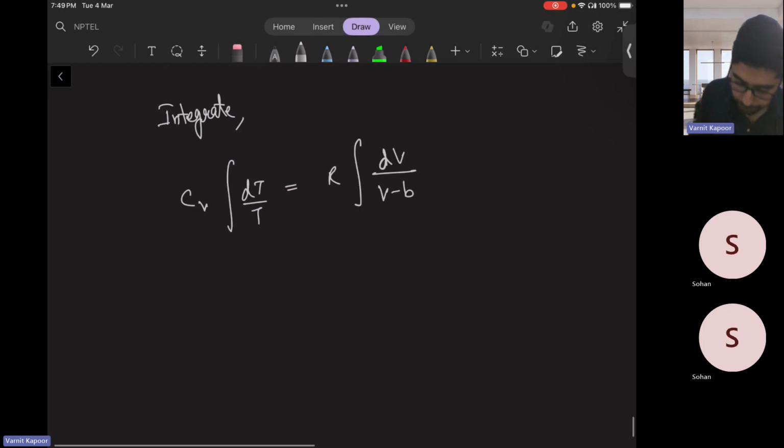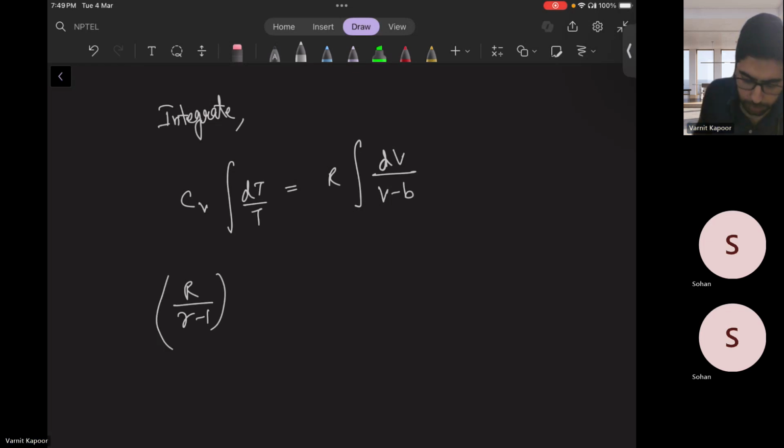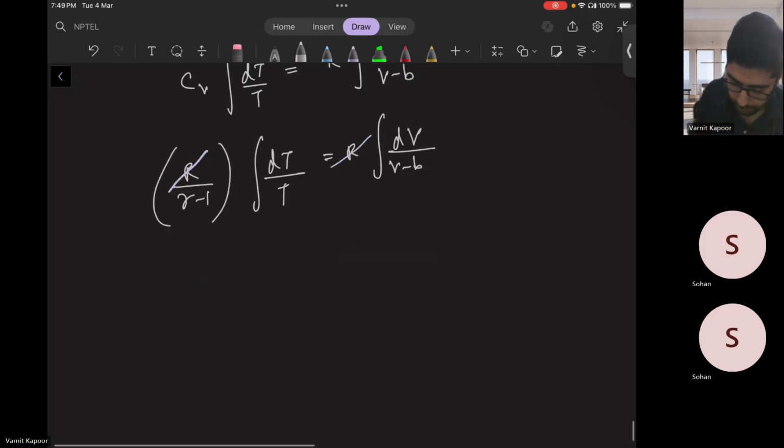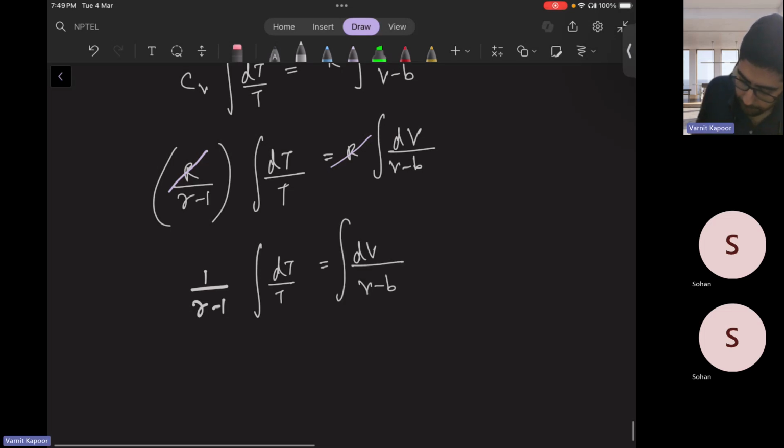It is ln T. One thing, Cv can be written as R over gamma minus 1. Not just for an ideal gas, for any gas, R depends on that gas. So this R and R cancel out. So this is 1 by gamma minus 1 integration of dT by T, integration of dV by (V minus b).